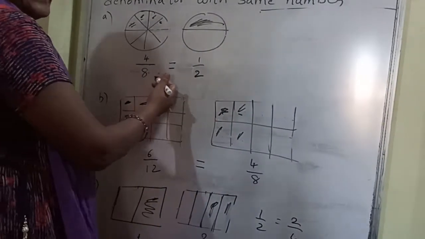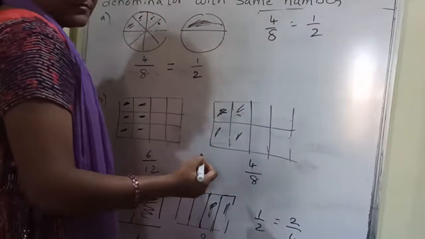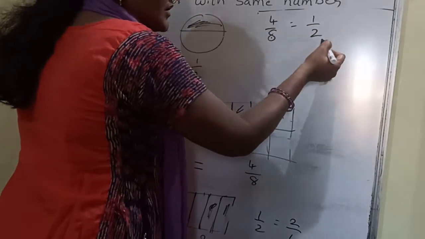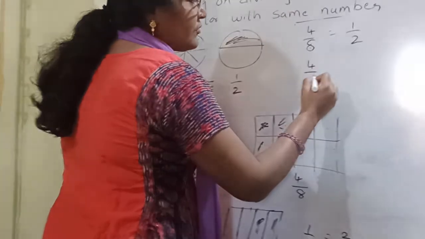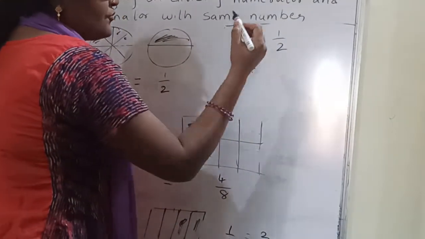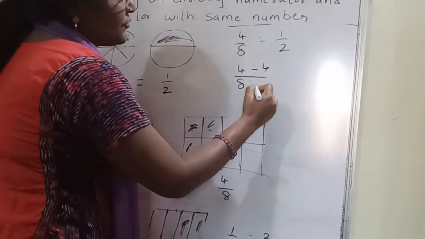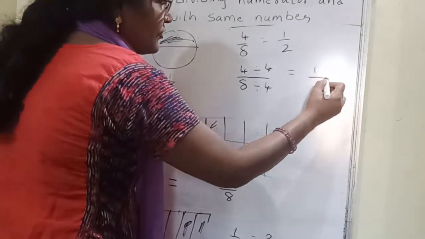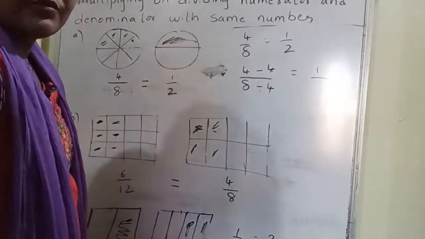So as I said, 4 by 8 is equal to 1 by 2. So we can obtain this fraction from this fraction, or this fraction from this fraction. So let us take this 4 by 8. I will divide 4 by 4, and since I am dividing the numerator by 4, the denominator also by 4. So 4 ones are 4. I am dividing 4 by 4.